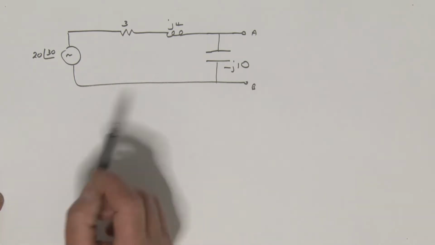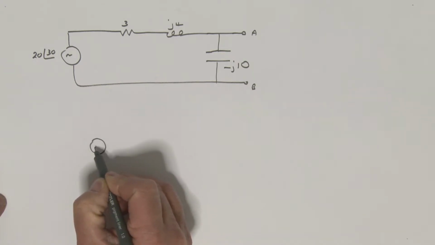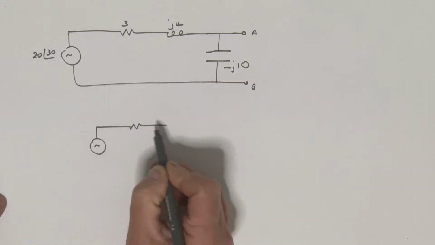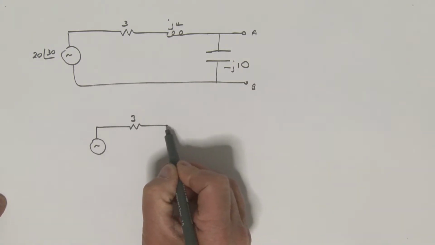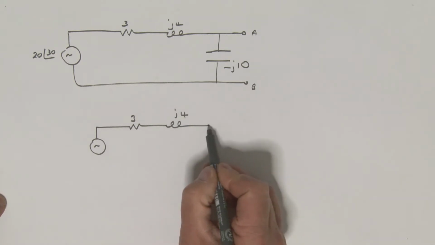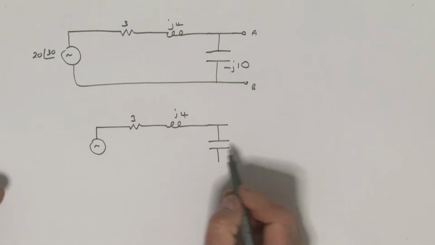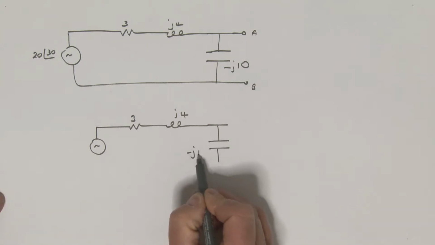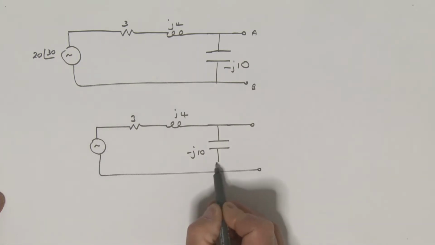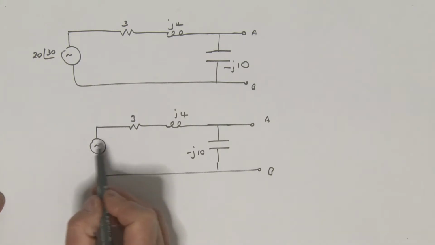So what I'm going to do is redraw this circuit. Here it is: I've got my resistor here, the inductor, its impedance is j4, and my capacitor sitting over here, which is minus j10, and here are my terminals A, B. Now let's think about this.